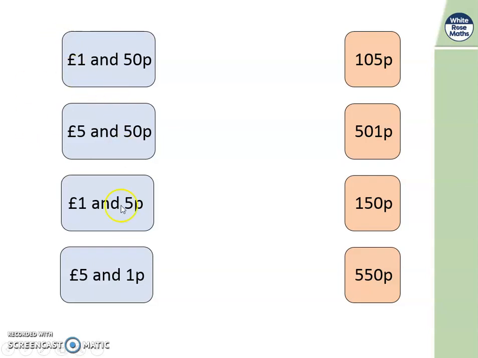Let's use that learning now for this last question before you get on. I want you to match up the amounts in blue with these amounts in pink. £1 and 50p. Which one should that match to? Correct, 150p. What about £5 and 50p?